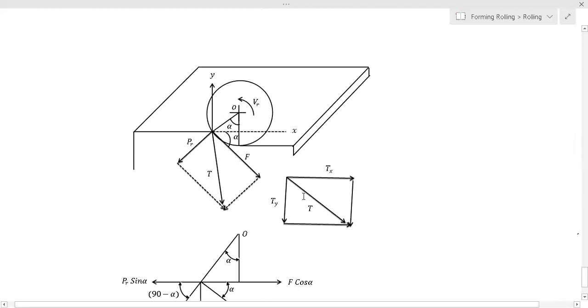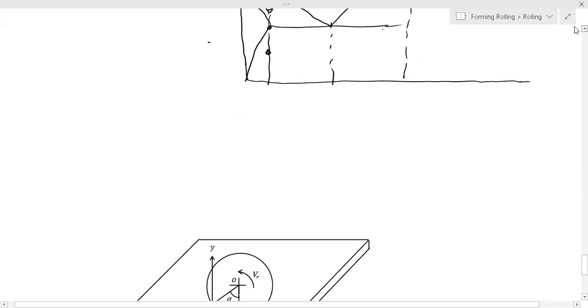Fine. So now we have understood that two forces act on the strip and two forces act on the strip and the rolls. Before that, we will do some estimation calculation. We'll come back here again.